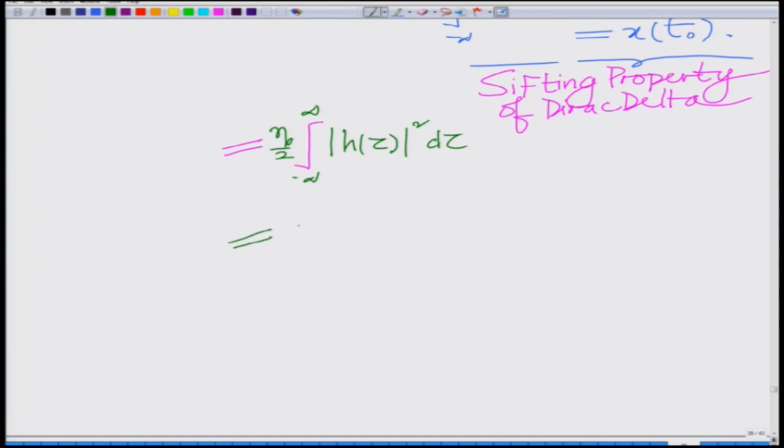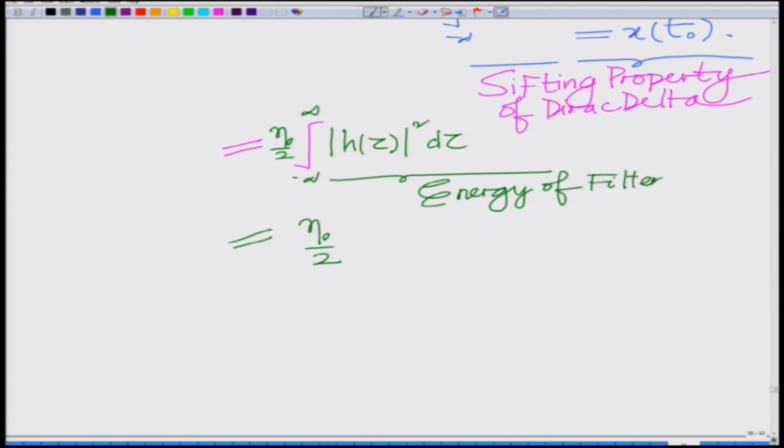And now, this is nothing but the energy of the filter. That is, I can denote this by E of h. This is the energy of the filter E of h, that is the LTI system corresponding to the impulse response h of t.